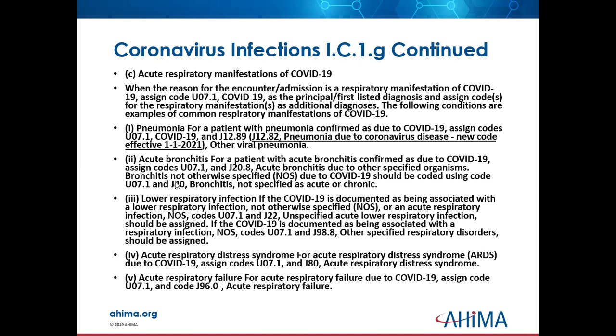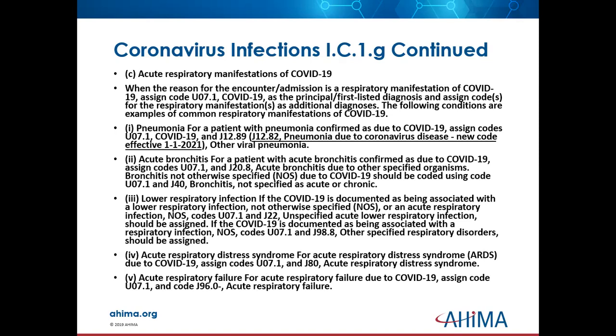Acute bronchitis. For any patient that has acute bronchitis due to COVID-19, once again, we see the U07.1 come first, then followed by the J20.8, acute bronchitis due to other specified organisms.